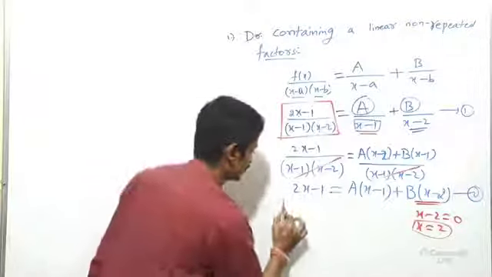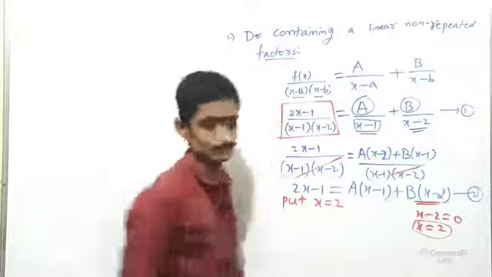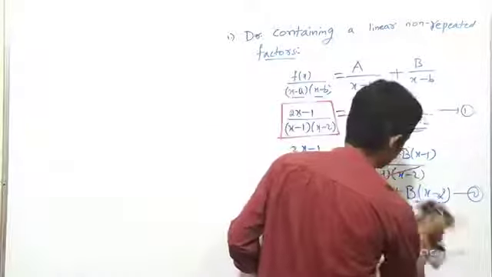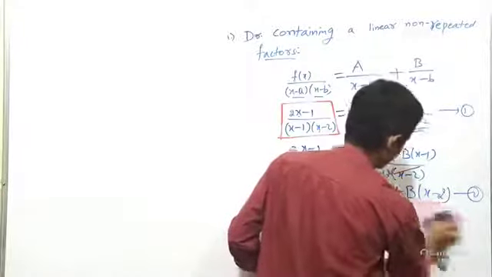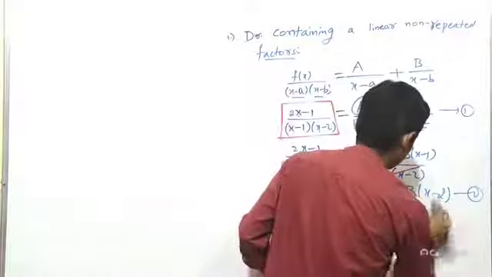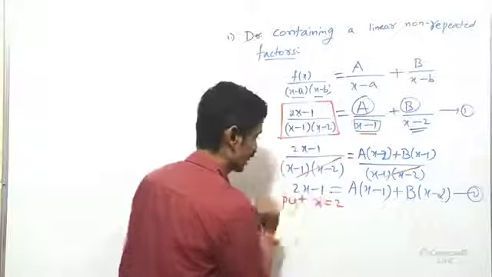The same thing we replace here. Put x is equal to 2 in equation number 2. Then what will you get on the LHS part? LHS part also you have 2x, x variable.